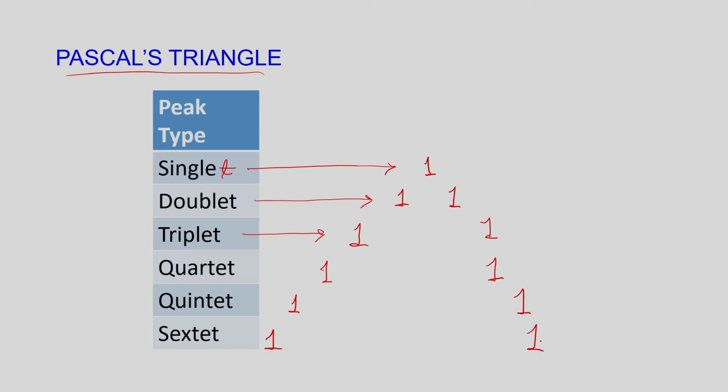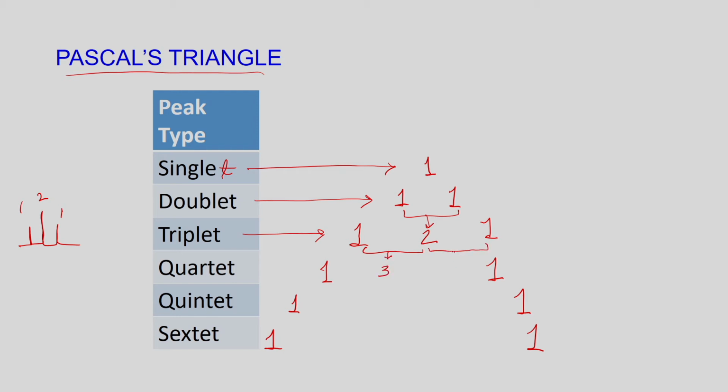Now, how does the Pascal triangle work? You just add these two, 1 plus 1. So 1:2:1. So if it is a triplet, the peak ratio will be 1:2:1.